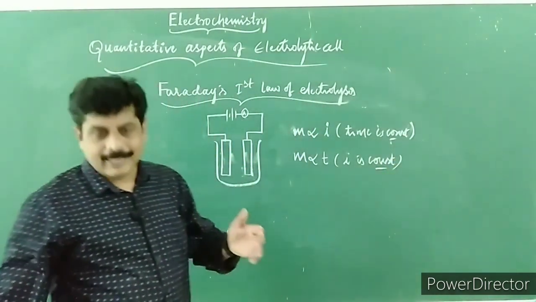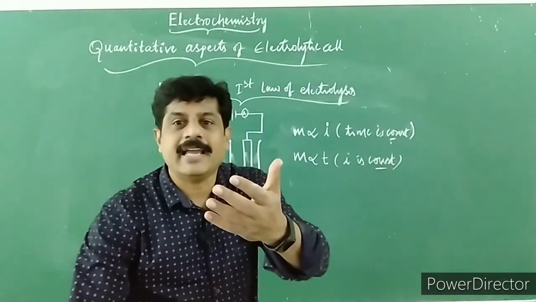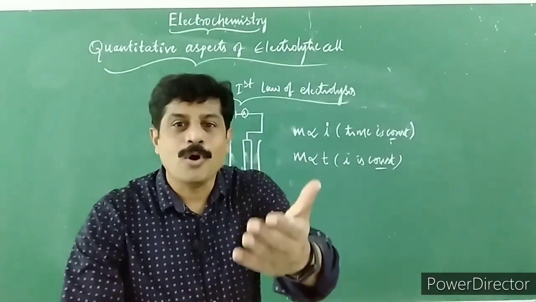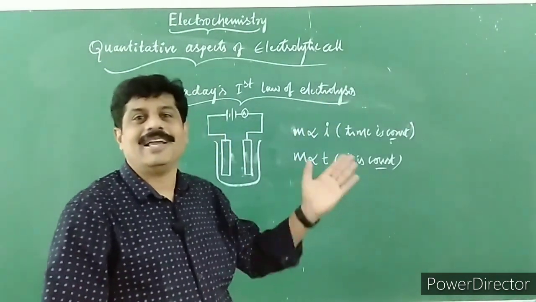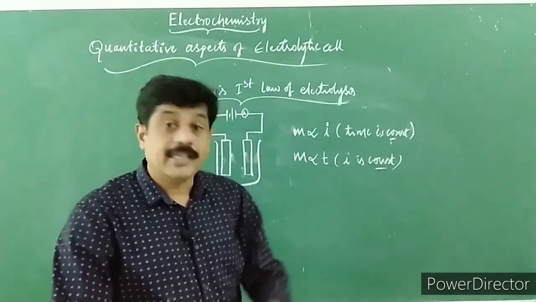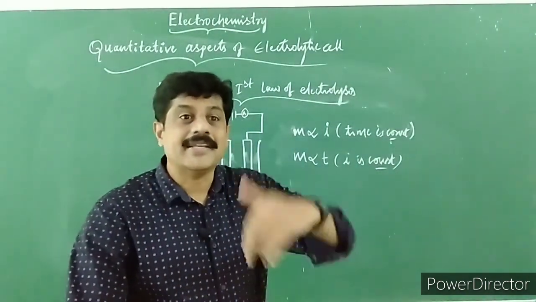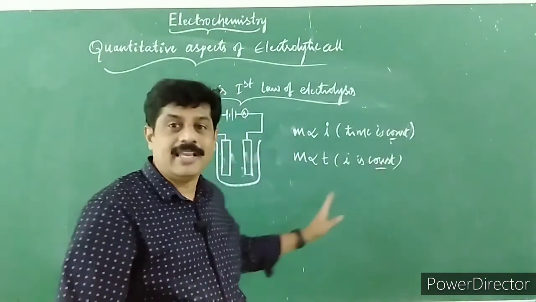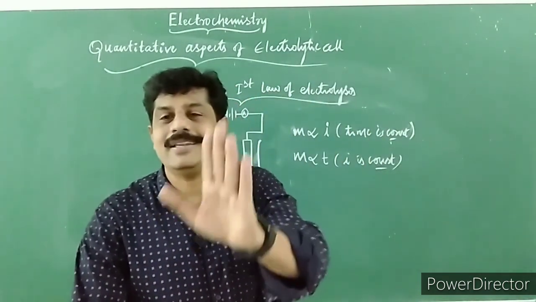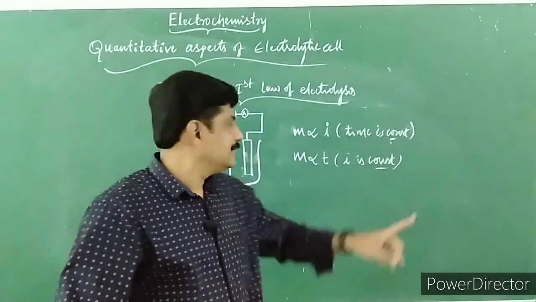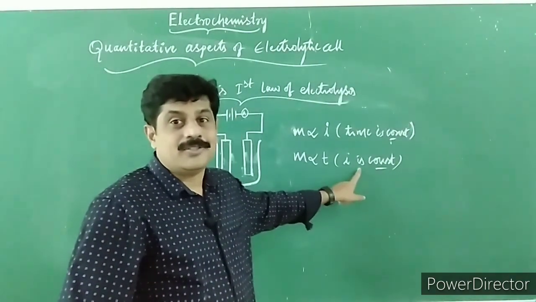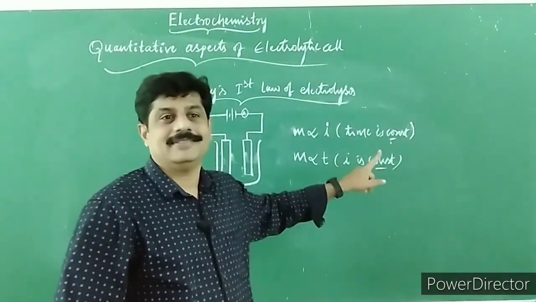Children, that means with increasing time, more substance is electrolyzed. For example, if 1 gram of substance is electrolyzed in 10 minutes, then 2 grams of substance will be electrolyzed in 20 minutes, provided electric current is kept constant.